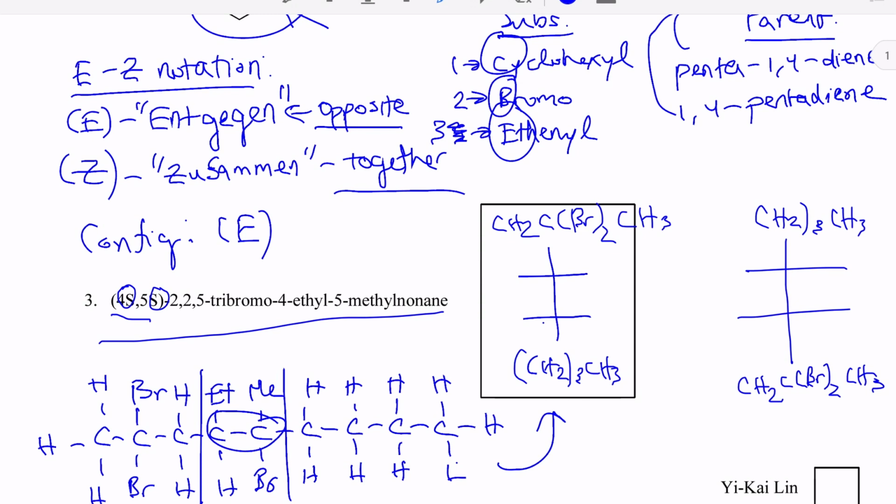So that carbon is attached to an ethyl and a hydrogen substituent. So let's see if this matches with the name, right? The name tells us that we should have an S configuration at 4. So when we use the CIP rules to give a priority to each one of these groups, we actually get the following. We get 4 at the hydrogen.